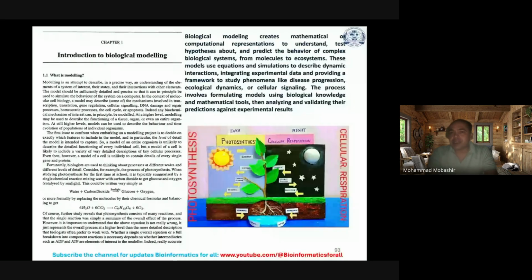In another way, you can also say you want to know the relationship between different elements present in one system. For example, if five people are present in one classroom, then you want to know the relationship between those five people and how much they could influence or affect each other.